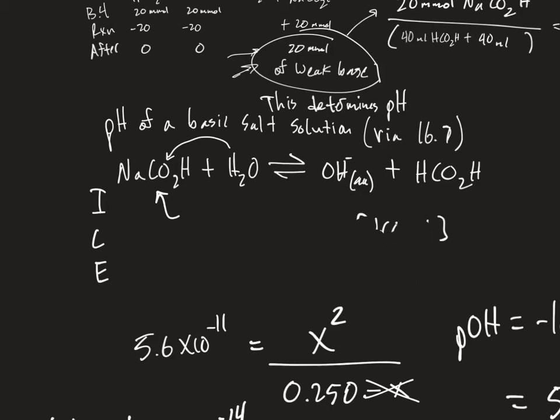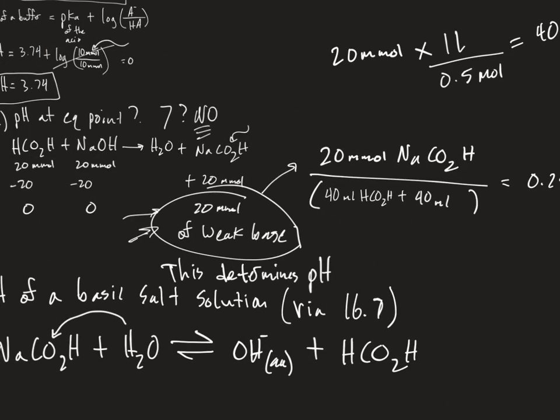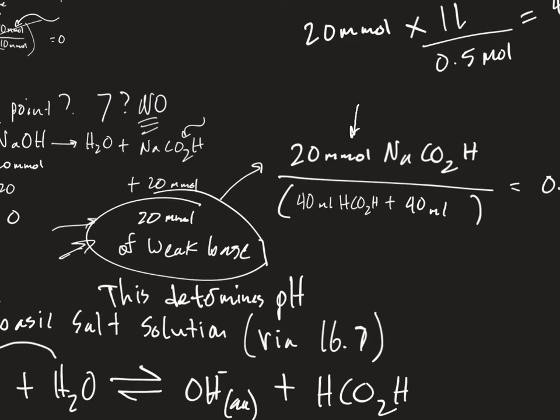You know what? I'm going to go ahead and erase this and just write out the ICE table here again. So we need an initial concentration of the sodium formate. That came from the original problem. We produced 20 millimoles right here, and we had to remember that we added 40 milliliters of NaOH solution to reach the equivalence point.